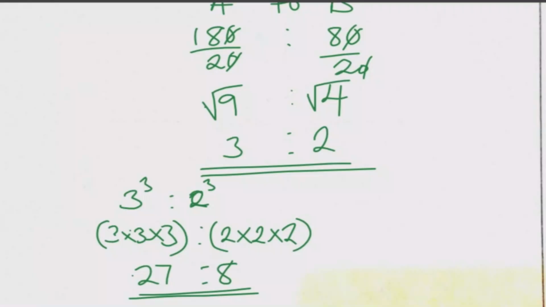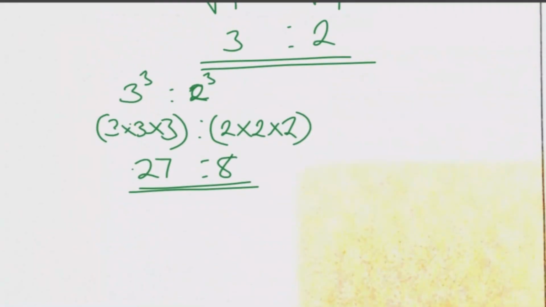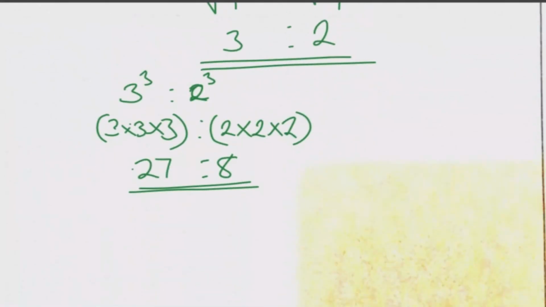Now, since we are given the volume of pyramid A, which is 810, we can take the ratio 27 to 8.